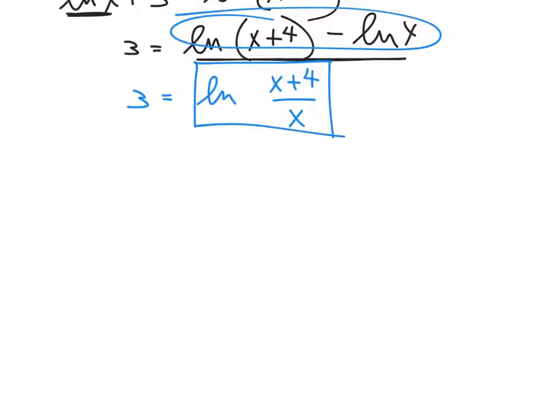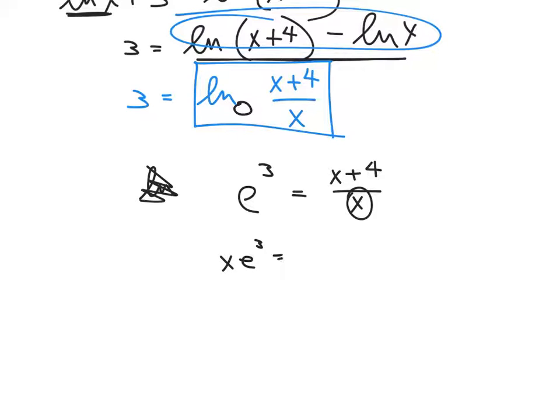Okay, so I'm going to change this to exponential form. Use my e because there's my base. So e to the 3 equals x plus 4 over x. Okay, so I'm still solving for x here. So I'm going to multiply both sides by x. Now I'm going to subtract x from both sides.